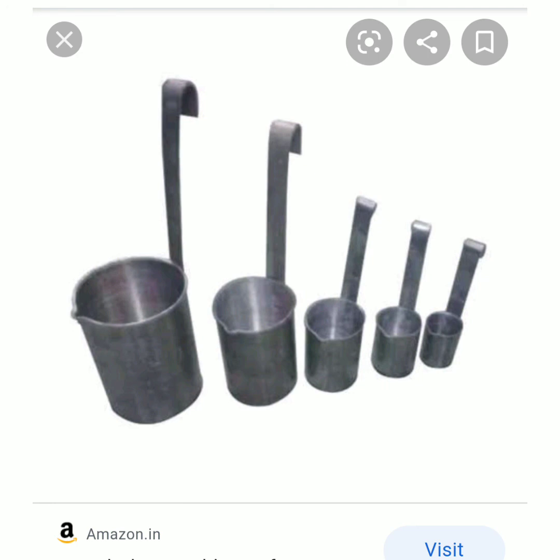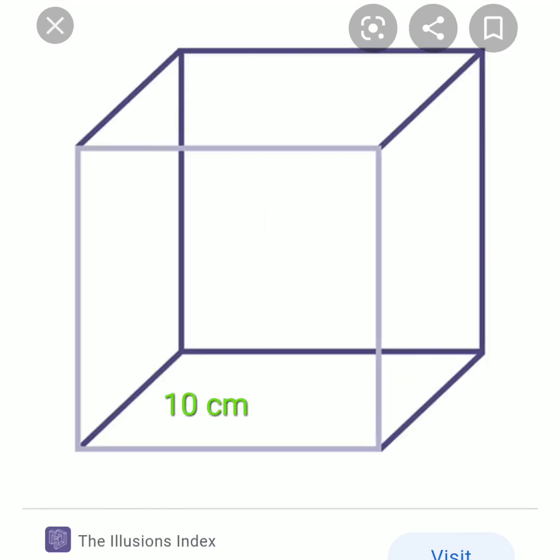So now we are making a vessel having 10 centimeters length, 10 centimeters breadth and 10 centimeters height. How can we measure the volume of this cube? It is length into breadth into height. That is, length is 10 centimeters, breadth is 10 centimeters and height is also 10 centimeters.